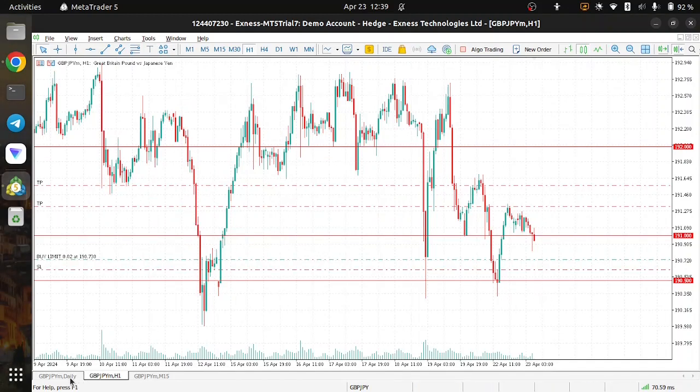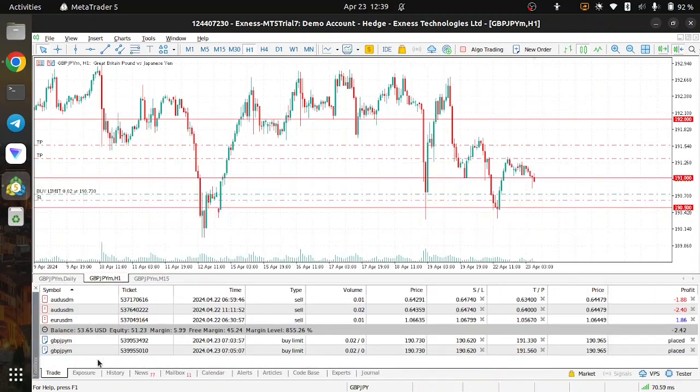Update. The update is here. My two positions. One TP is hit on Euro USD.